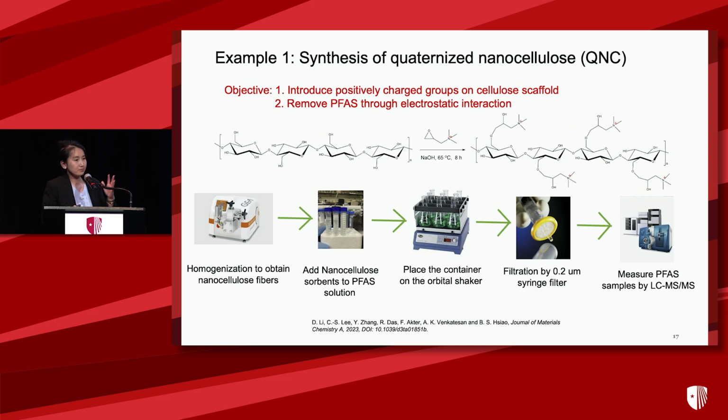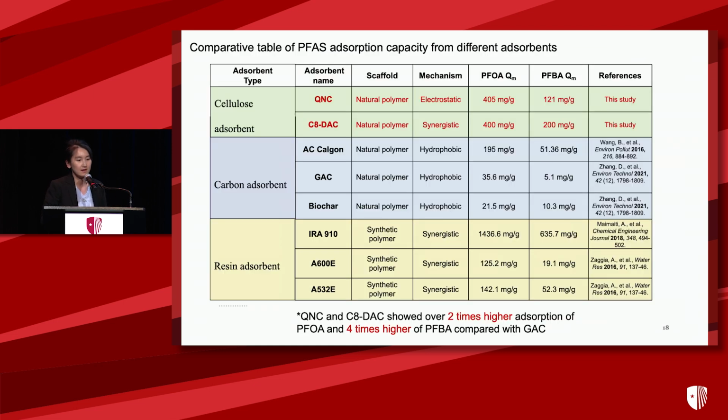The synthesis process, going through the flow below, is extracting the cellulose, surface characterization, doing the adsorption experiment, and preparing the samples for the final analysis. Here are some good results I'd like to present for the cellulose adsorbent for both long-chain and short-chain PFAS.